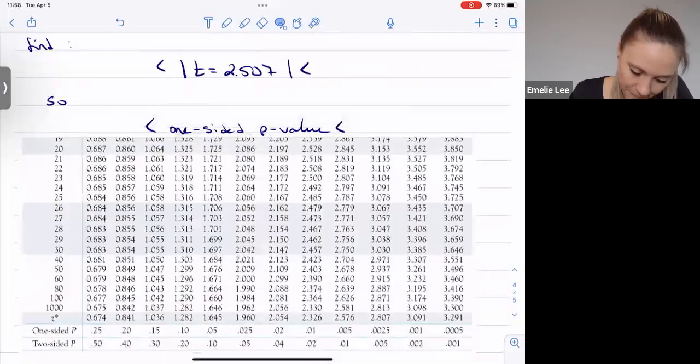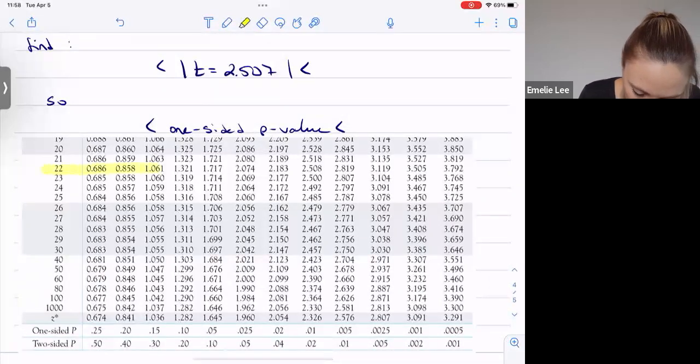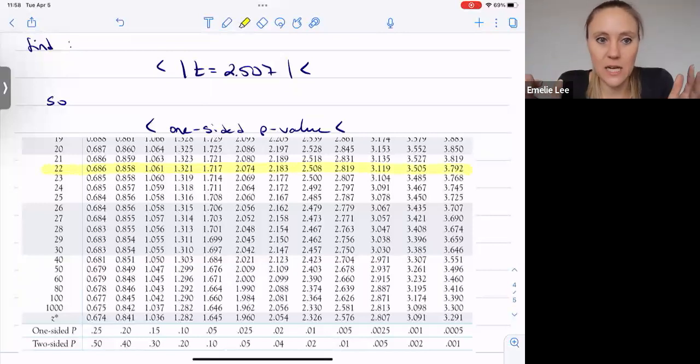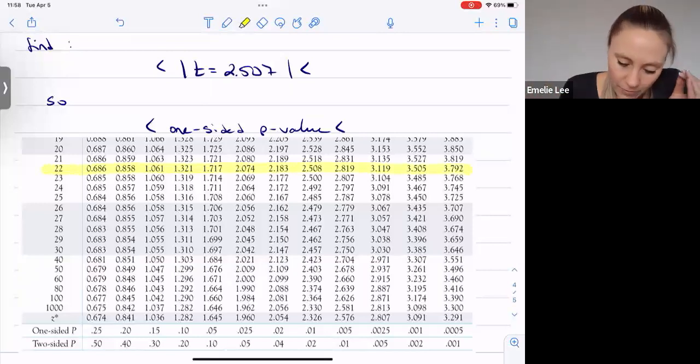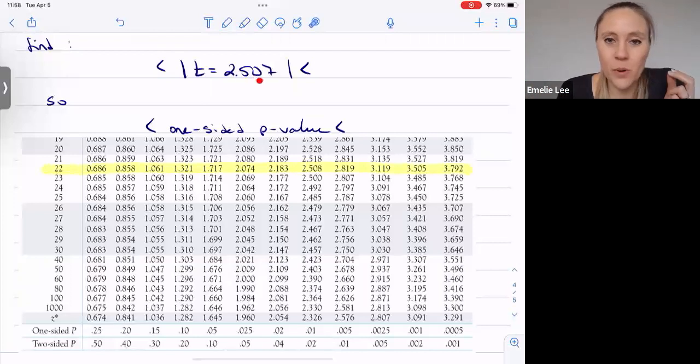All right. So we have 22 degrees of freedom, and I know that's a row on my table. So that's where I have to stay now. So I find where would 2.507 go?